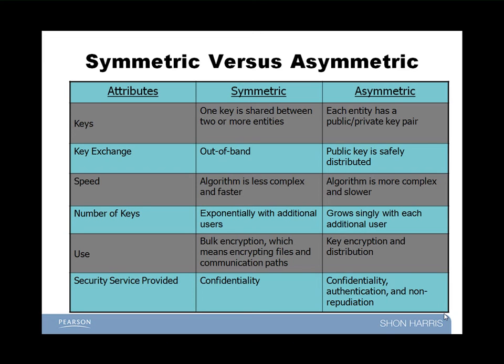If I encrypt something with a symmetric key and send it to you, you have to have the exact same symmetric key. So somebody cannot prove through cryptography that I sent a message, since there's two instances of the same key. With asymmetric, if I encrypt something with my private key, I'm the only one who's supposed to have access to my private key. So that's how it provides authentication and non-repudiation. Remember, non-repudiation means a sender cannot deny sending something.